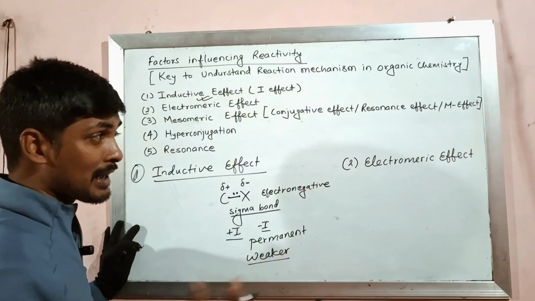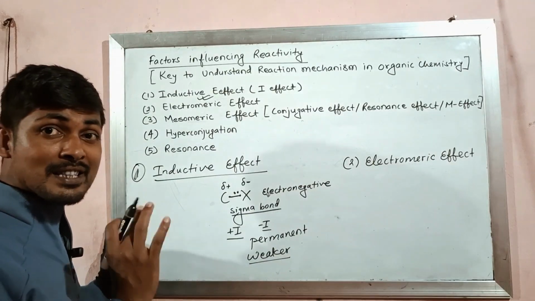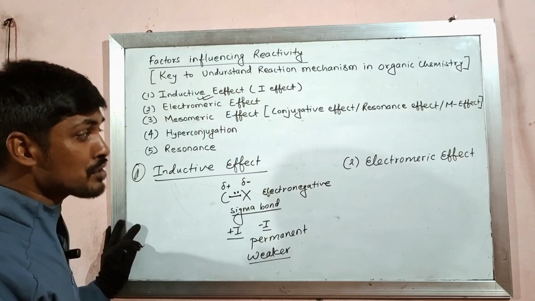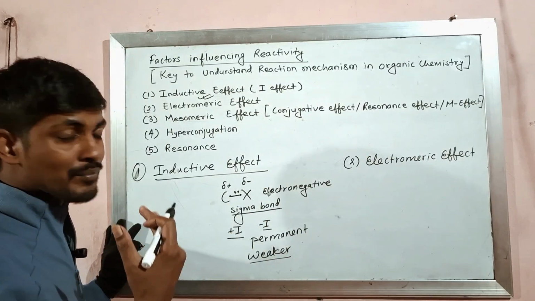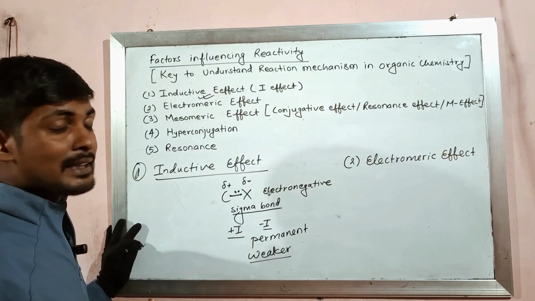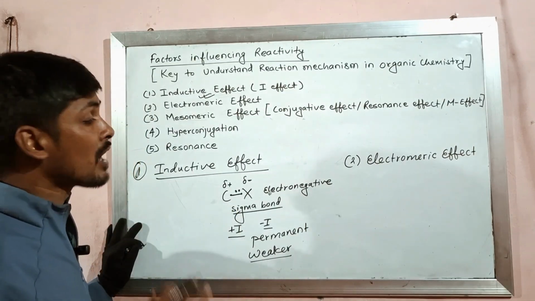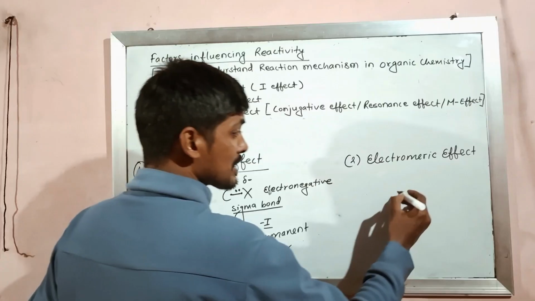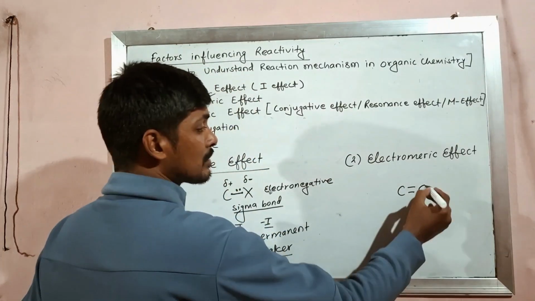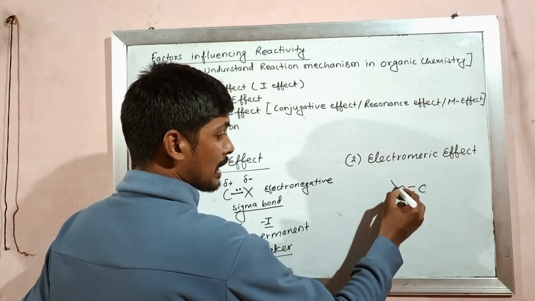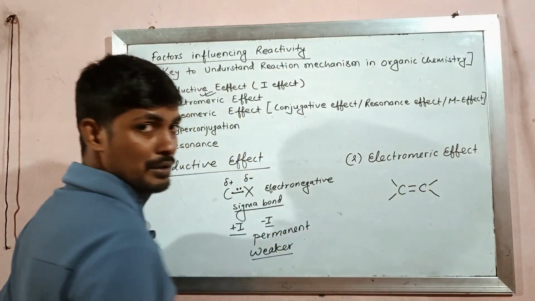It is also a kind of polarization, but due to the shift of pi electrons towards one of the atoms in unsaturated hydrocarbons. Suppose there is an unsaturated hydrocarbon having a double bond between carbon atoms. Here one of the bonds is a pi bond.